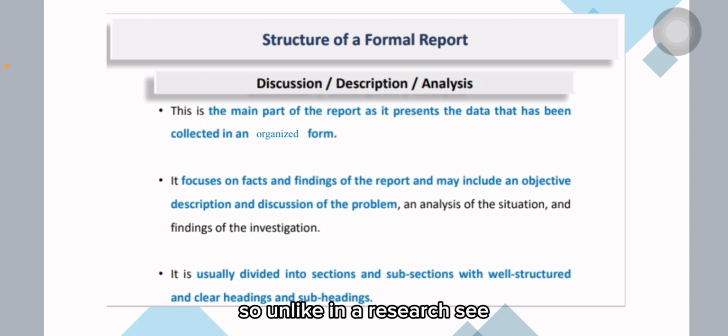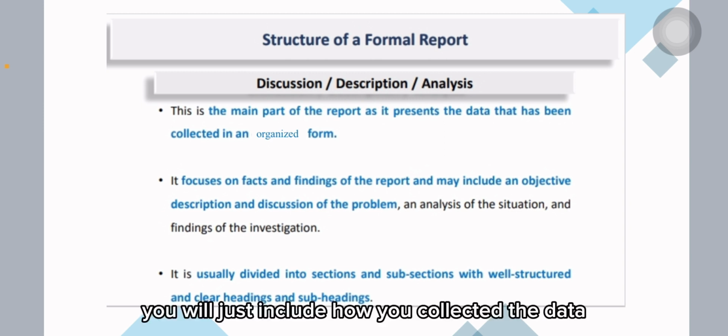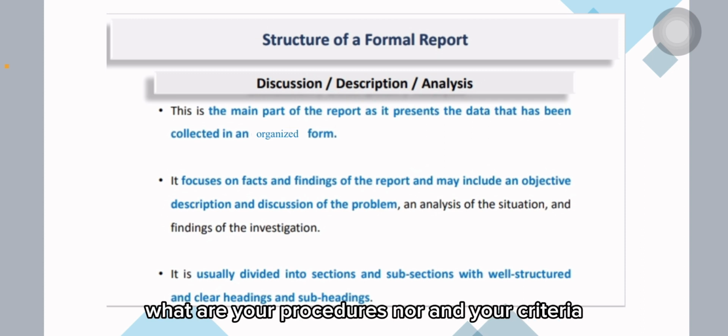So unlike in a research, si methodology wala pong analysis of data or any statistics. You will just include how you collected the data, what your procedures are, and your criteria.